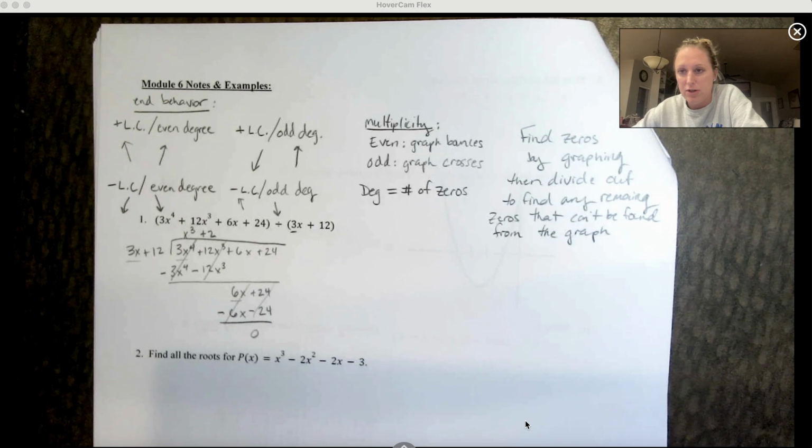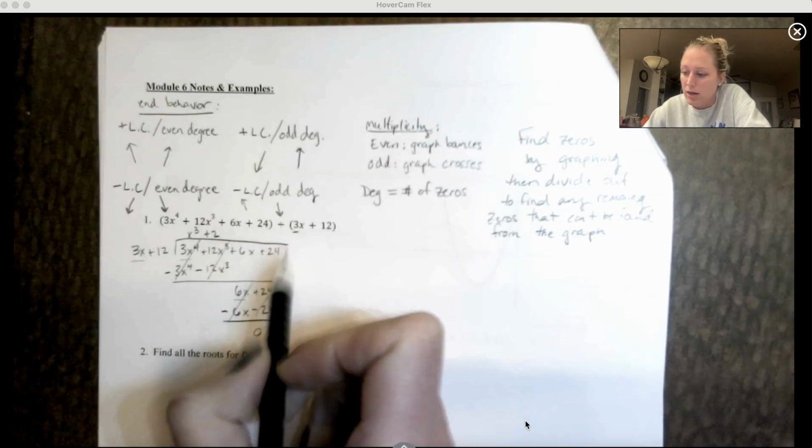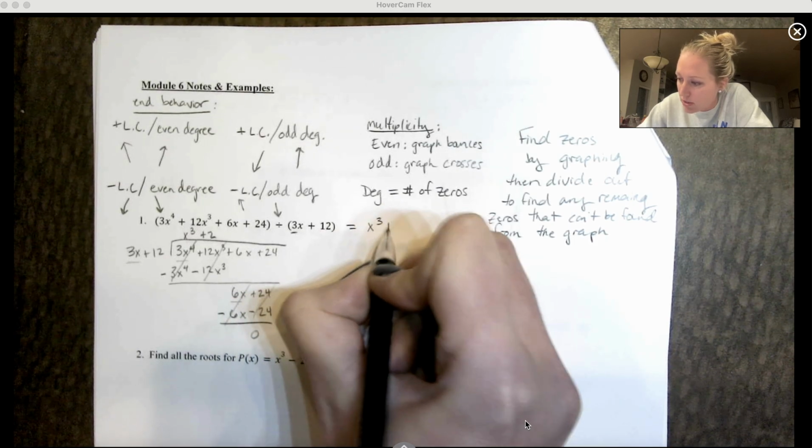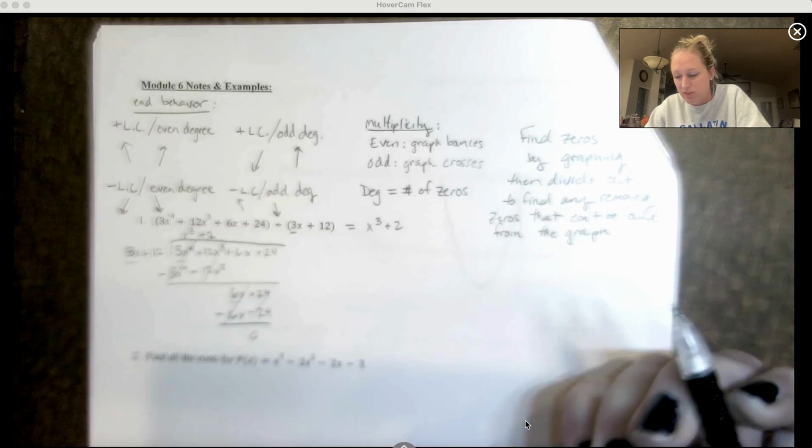Depending on how you're asked to write your solution, this divided by this equals x to the 3rd plus 2. That's what we got when we did the division.